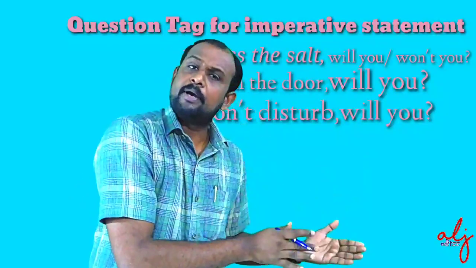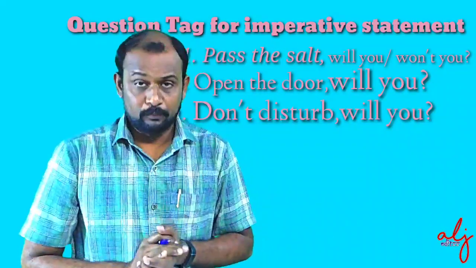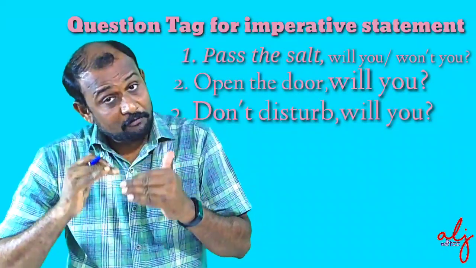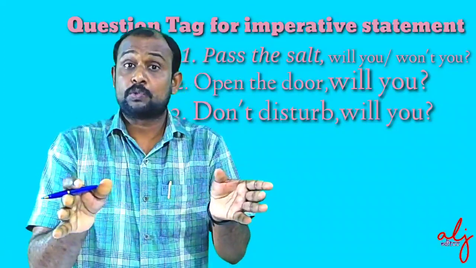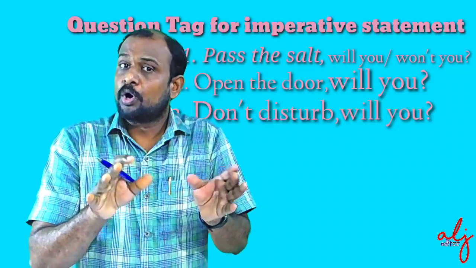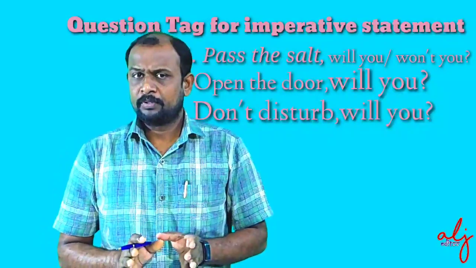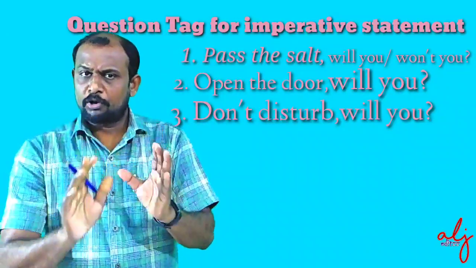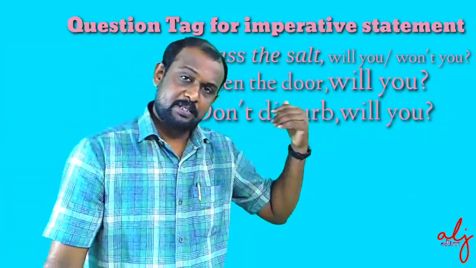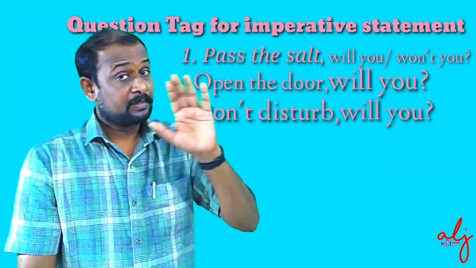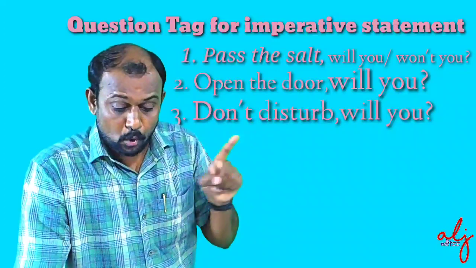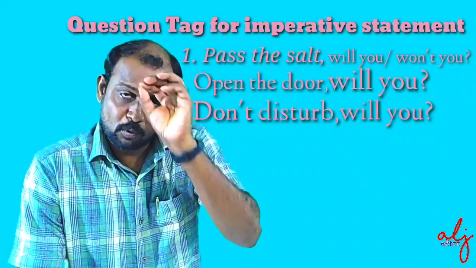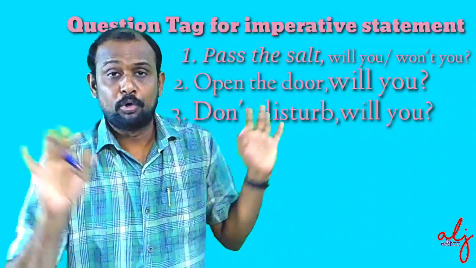Whether it is a positive imperative or negative imperative, prefer will you. In case of positive imperative statements, you can even prefer would you also. In some cases, would you or won't you. So all this will confuse you. So better you go only for one option, that is will you. Maybe it is a positive imperative or a negative imperative. Alright, but here in third case, don't disturb, only one option, that is will you, no won't you.